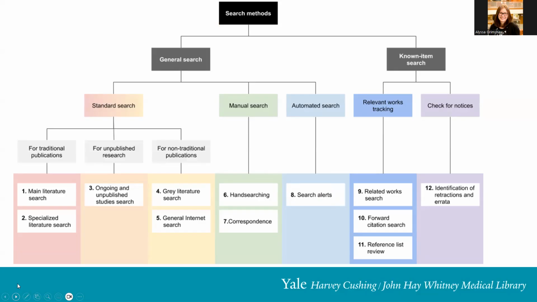So in the general search for the standard, everyday systematic review search where you're getting traditional publications, we want to think about what databases we need. So, in general, I will search the databases Ovid Embase, Ovid Medline, or PubMed, sometimes depending on what my research question is and how comprehensive or complex my search strategy is.